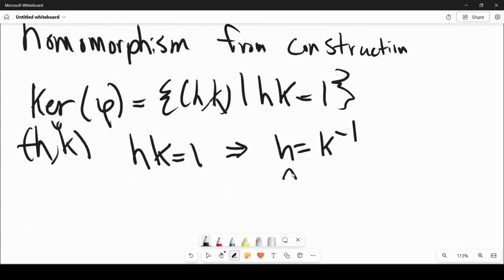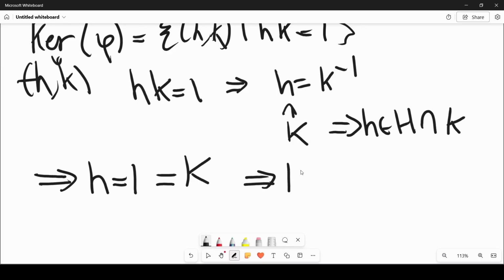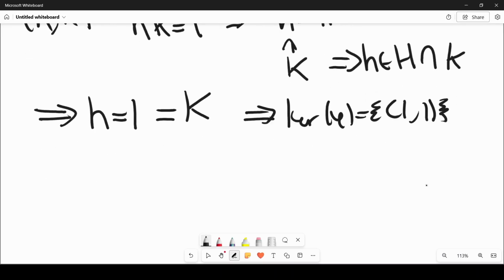But this means that h is in K, right? If it's k inverse, then it has to be in K. But h was also in H, so this implies that h is in H intersect K. It's in both of them. But from assumption, H intersect K was just 1. So this implies that h equals 1, which also equals k. Which means that the kernel is trivial, since we showed if something is in there, it has to be (1, 1). Okay.